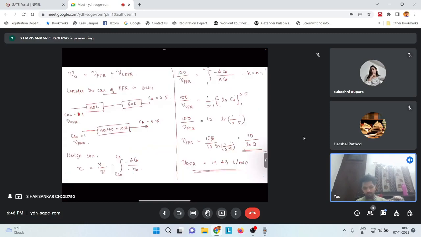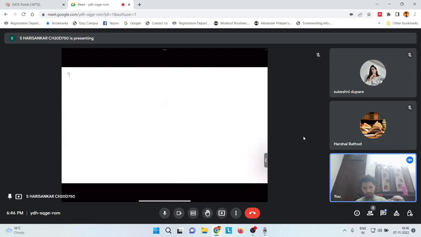So we had the equation for the total flow rate. Nu 0 is equal to nu PFR plus nu CSTR, and this nu 0, the total, was 100, and that is equal to nu PFR, that is 14.43, plus nu CSTR.